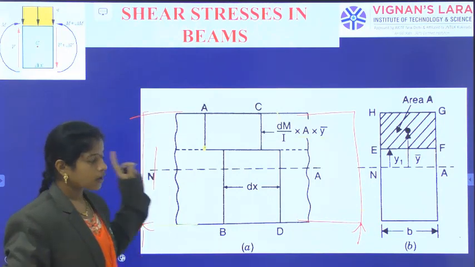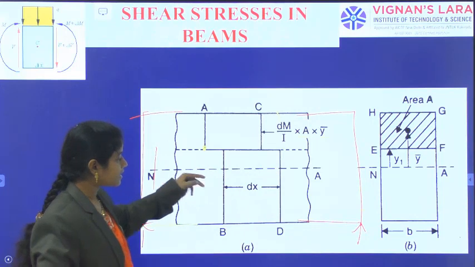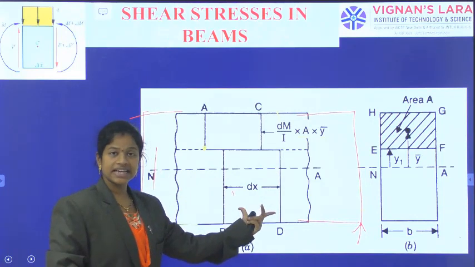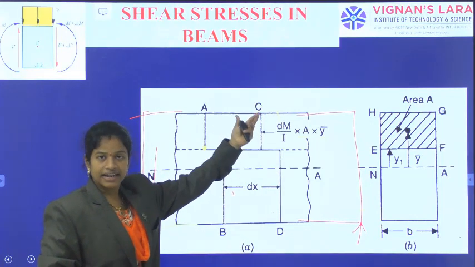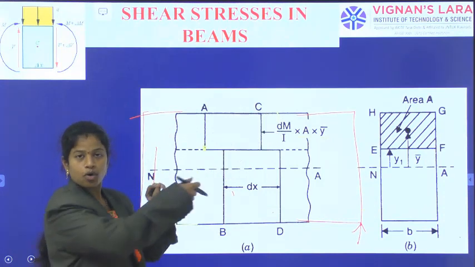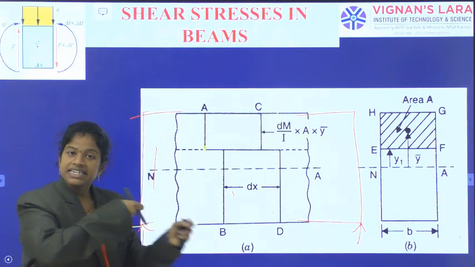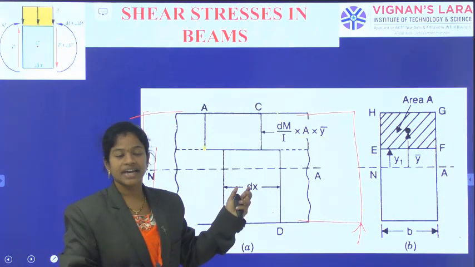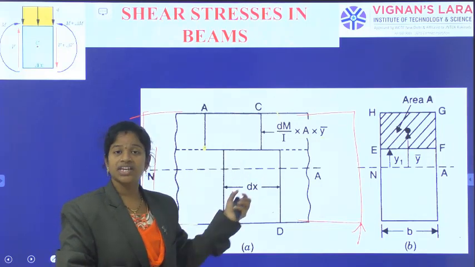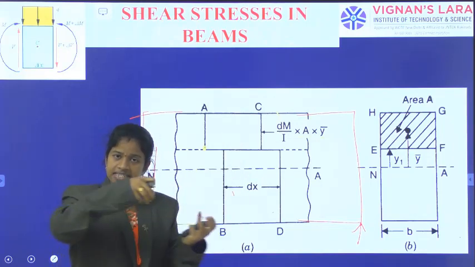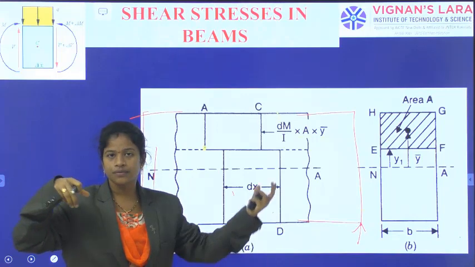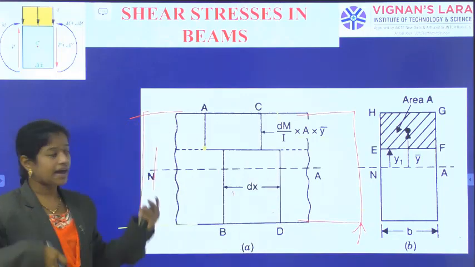So along the length, over a dx length, this is happening. So the net unbalanced force is causing the body to split like this. This failure we call failure due to shearing action. Remember, it is not that it is simply splitting and coming out. It is coming in this parallel direction.